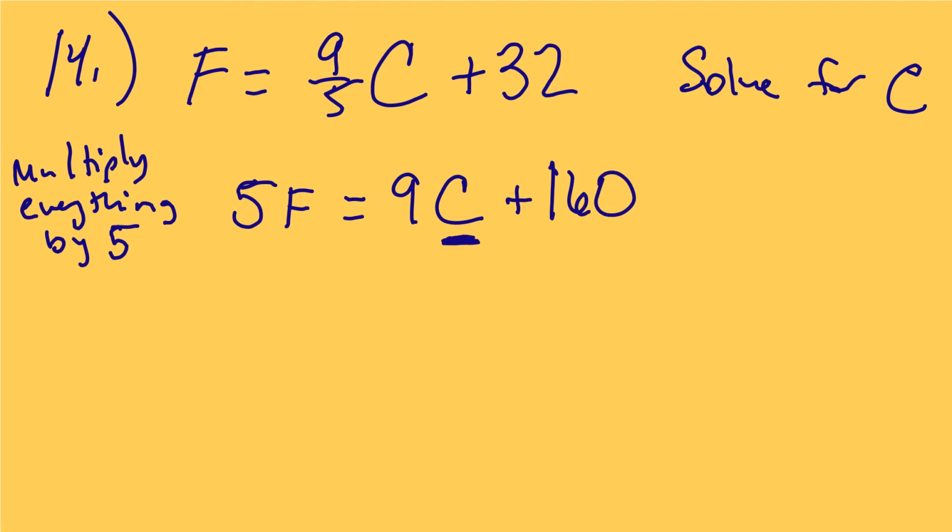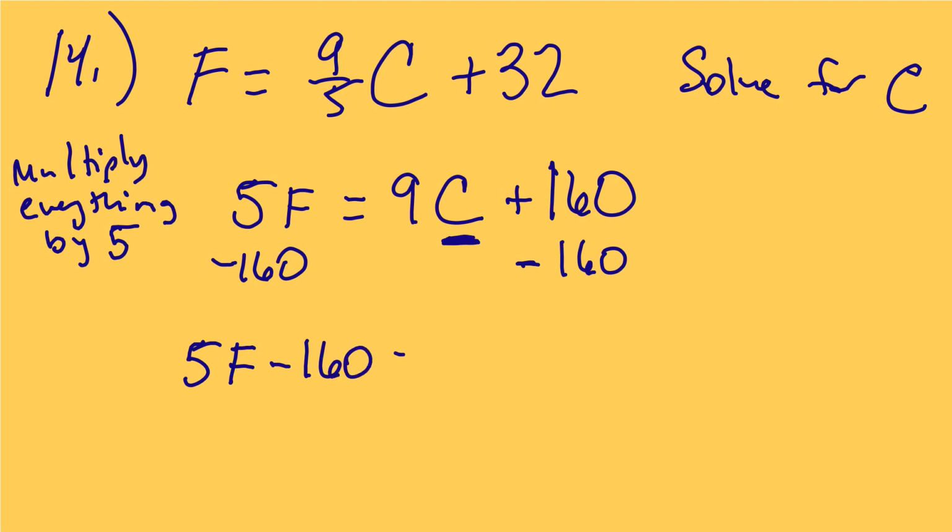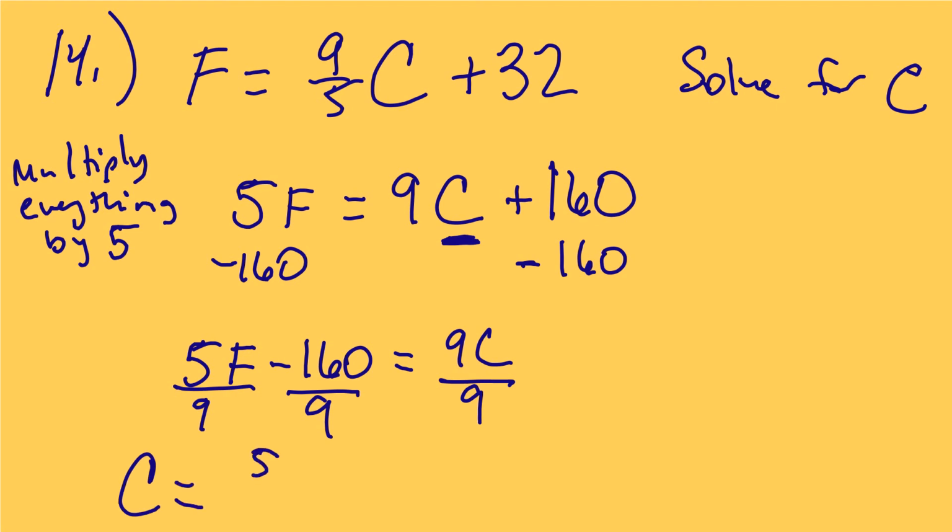I'm solving for C. So the first thing I do is I subtract 160 from both sides. I get 5F minus 160 equals 9C. Now I divide by 9, divide by 9, divide by 9. So I end up with C equals 5/9 Fahrenheit minus 160 over 9. 160 over 9 just stays the way it is.